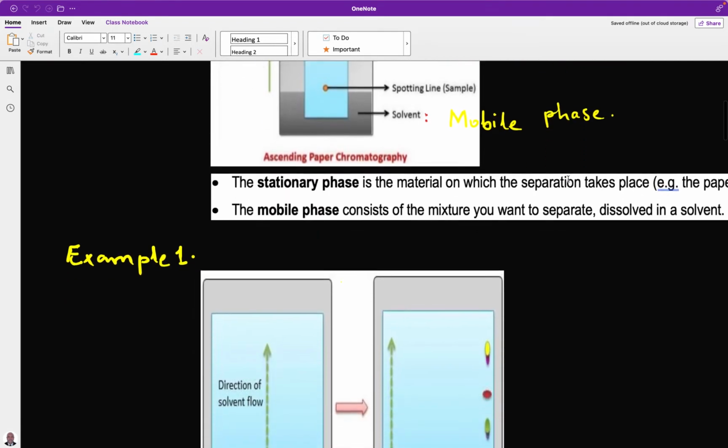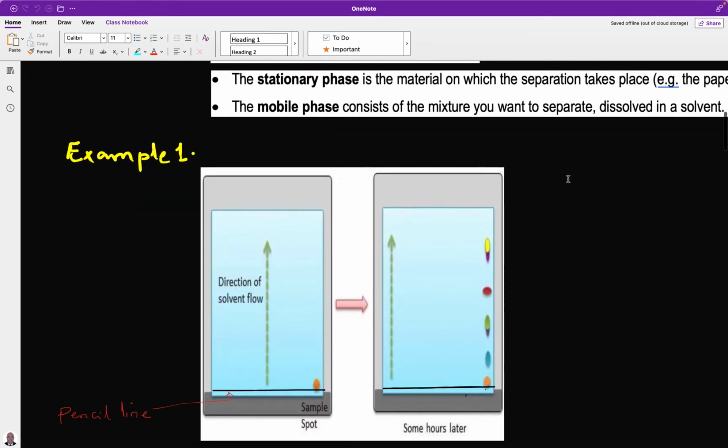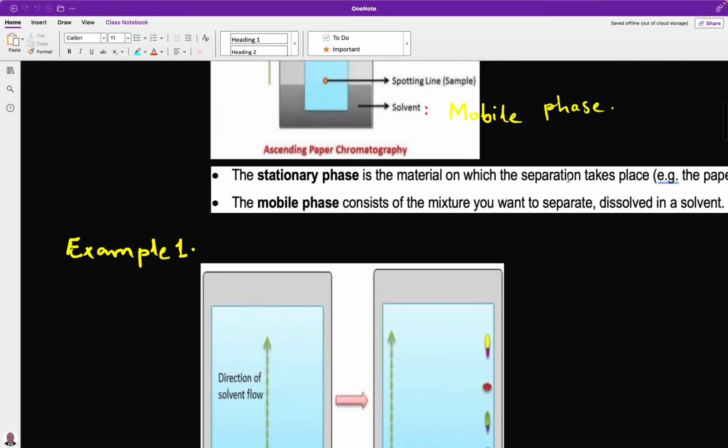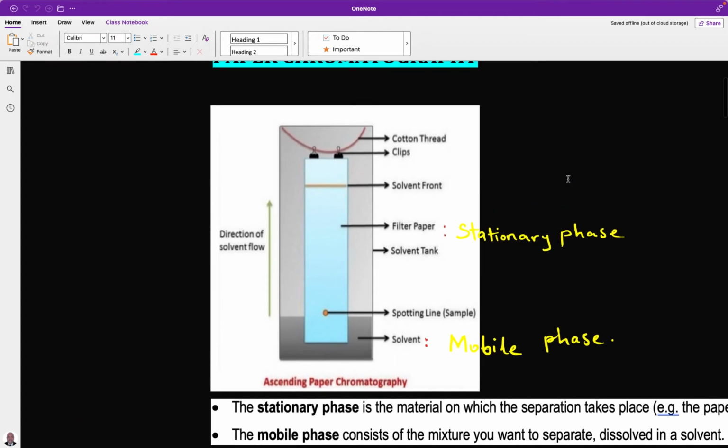How does paper chromatography work? As I said initially, there are two phases in paper chromatography.